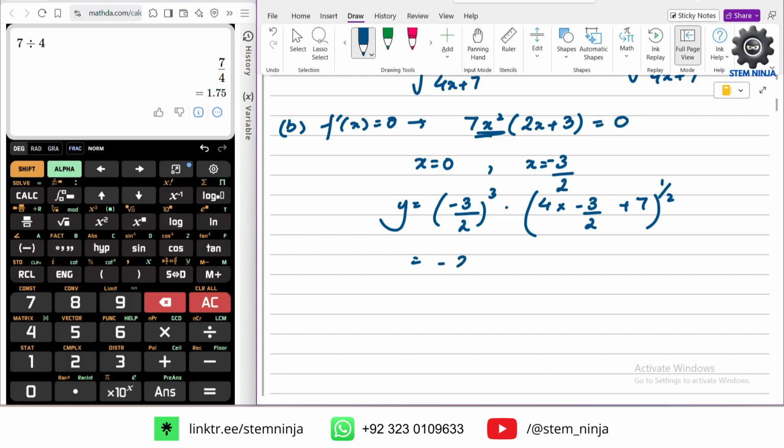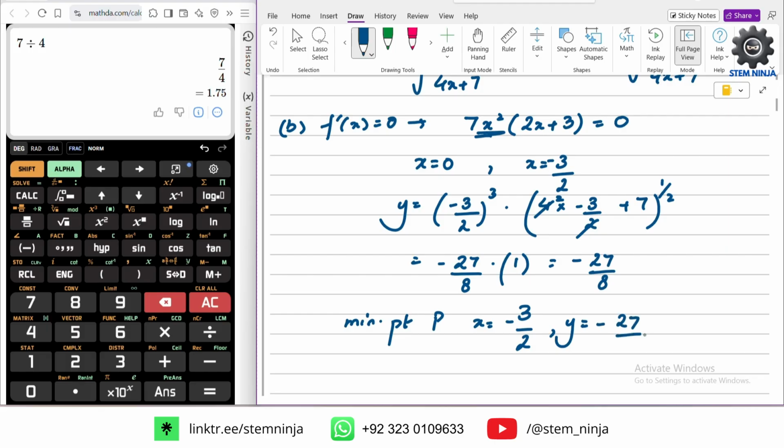So this would be minus 27 over 8 minus, 6 plus 7 is minus 1. No, 1. 7 minus 6 is 1. 1 raised to power 1 over 2 is that. So minus 27 over 8. So minimum point P is x is equal to minus 3 over 2 and y equals to minus 27 over 8.